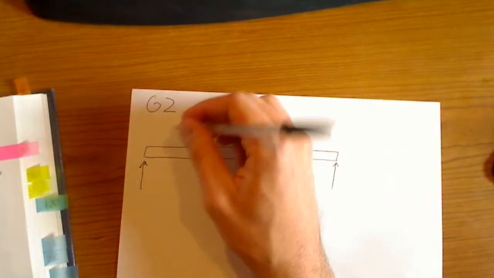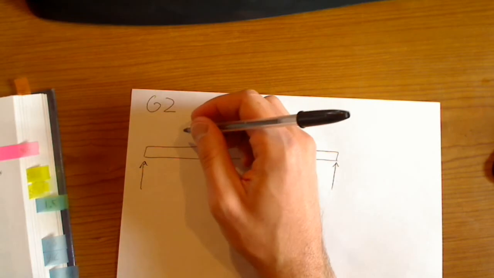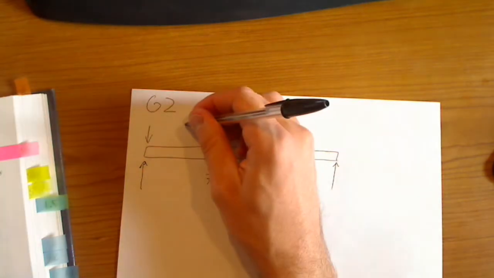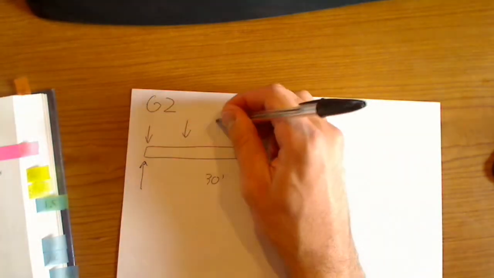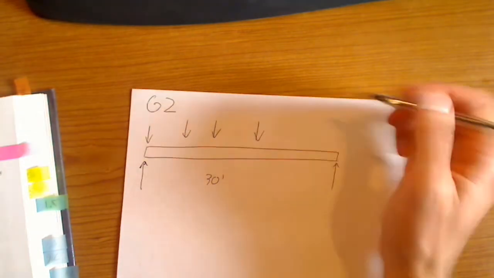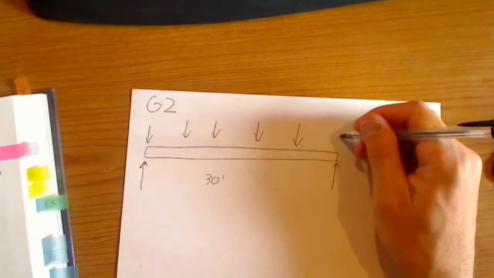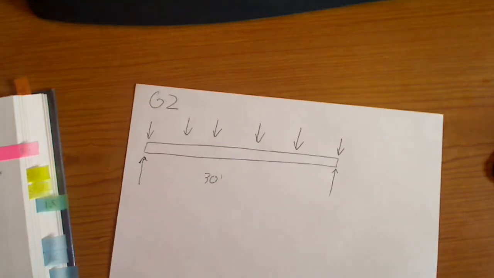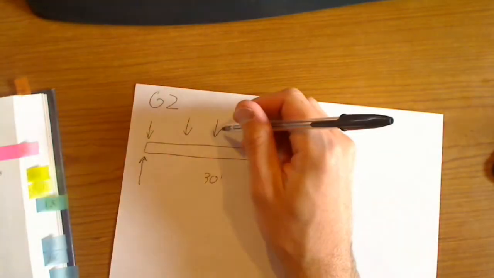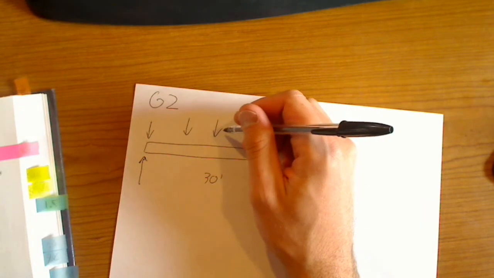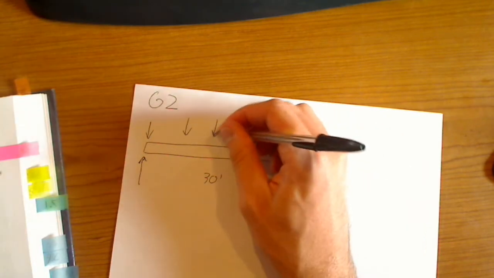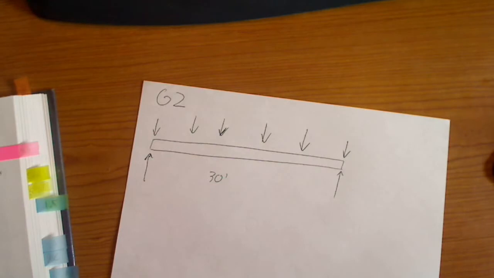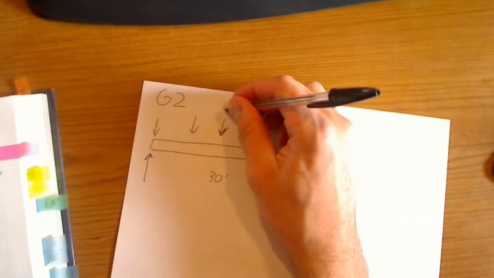And then we would have loads every 6 feet. Load here, here, here, here, here, and here. So these loads will be twice these reaction loads from the beams, excuse me. So that would be 4,128.